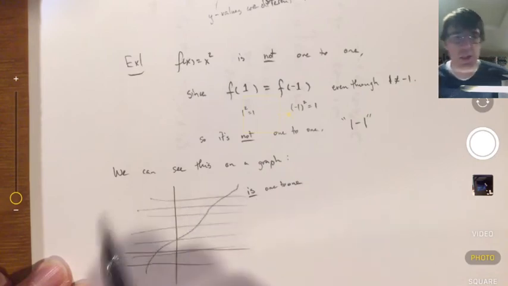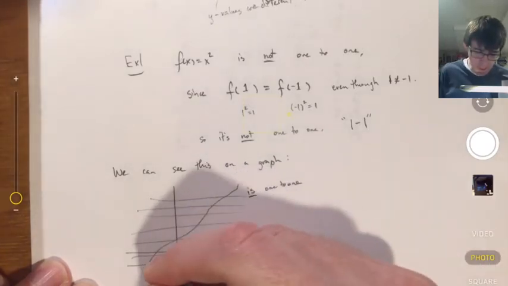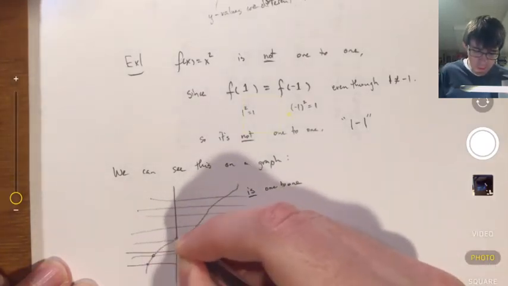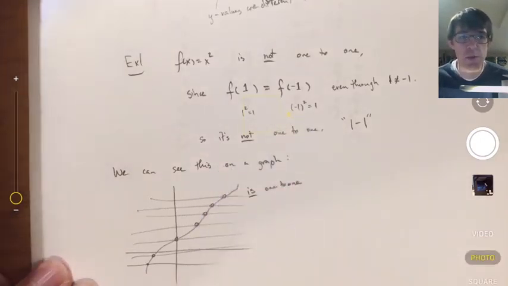You can just imagine it if you know what to look for. Imagine some horizontal lines drawn on the graph. These horizontal lines will indicate specific y values, right? And you can see on the graph that these specific y values here, they only occur once on the function, right? There are no y values which occur twice on the same function.